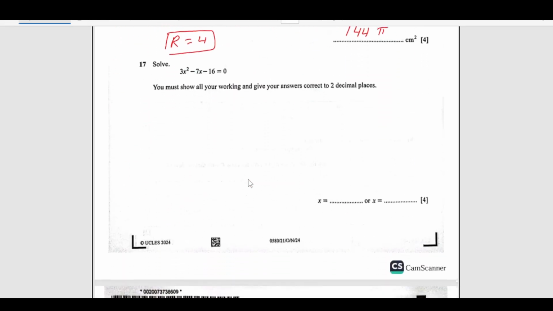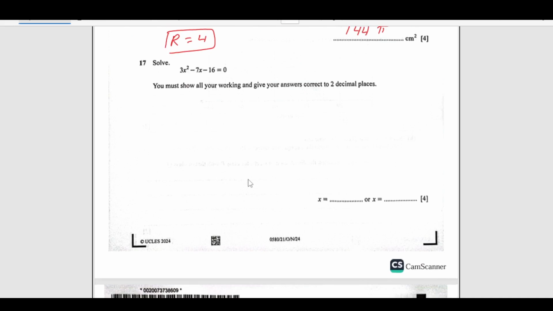Number 17, solve 3x squared minus 7x minus 16. You must show your answer. You can directly use quadratic formula here. Quadratic formula is minus b plus minus square root of b squared minus 4ac over 2a.